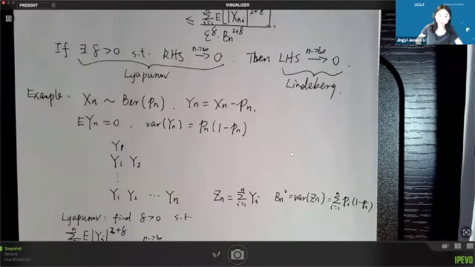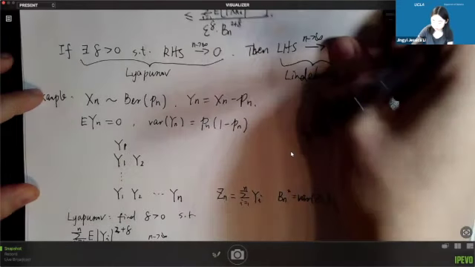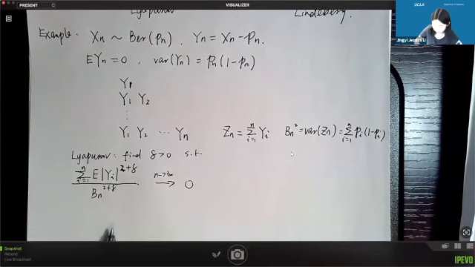We just want to find such a delta to achieve this.